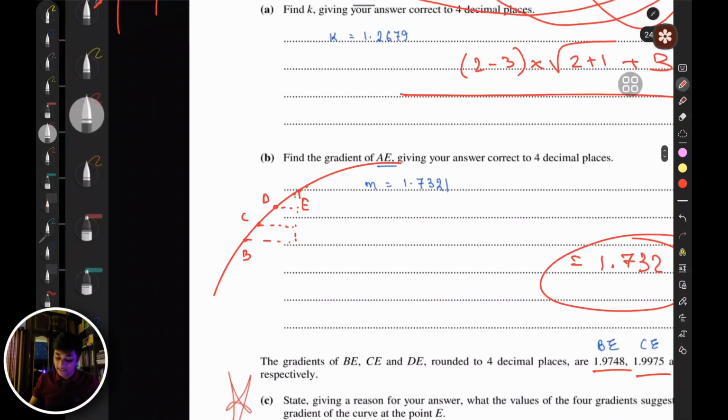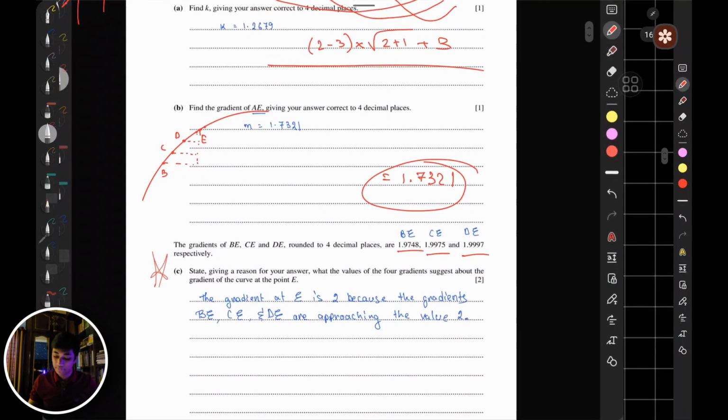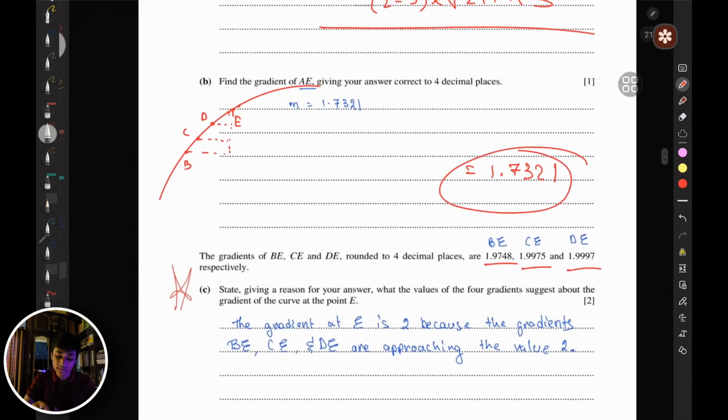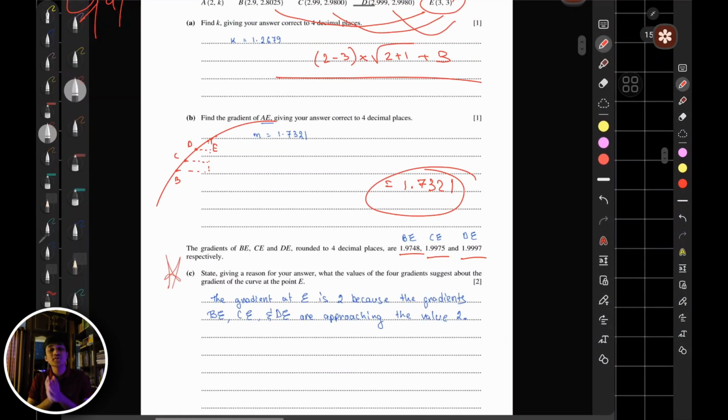Therefore, if the common trend is the gradient is approaching 2, that means 2 is your gradient at E. Because the closer you get to E, the shorter your change in y by change in x gets. It's approaching the value 2. In that case, the gradient at E might be 2.